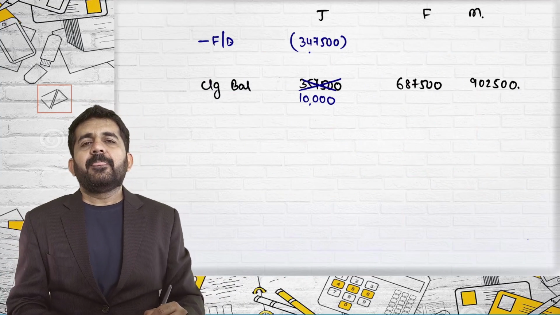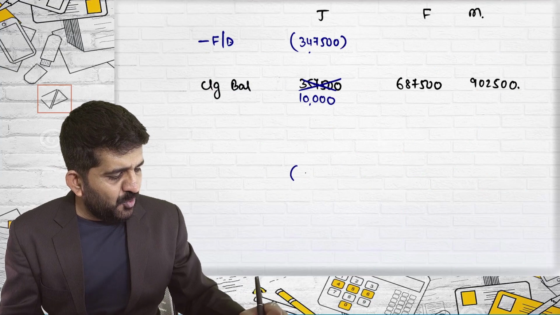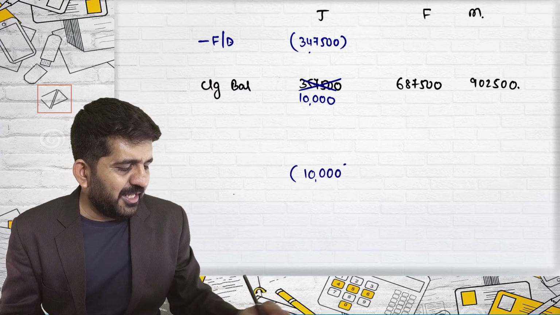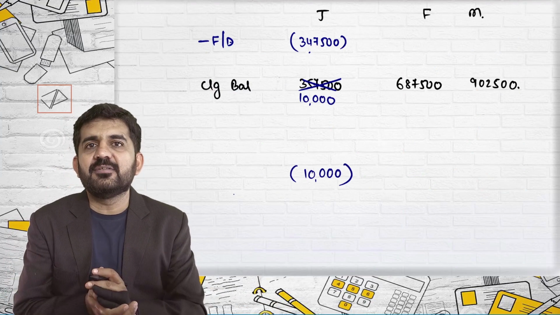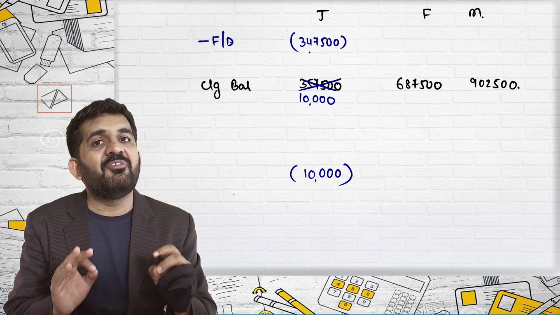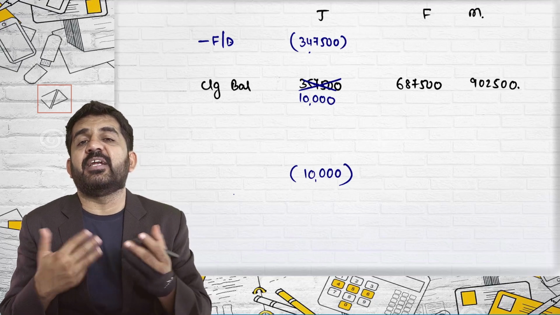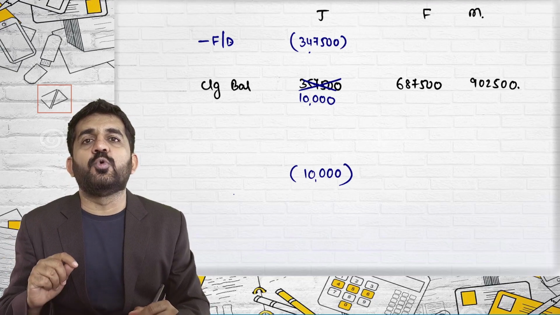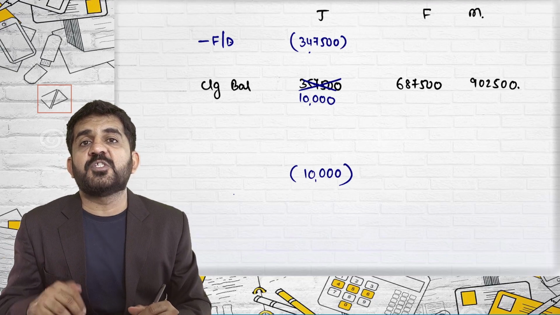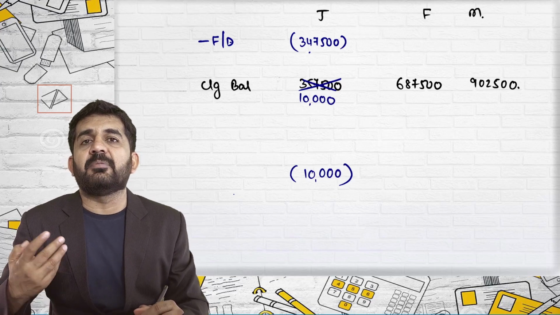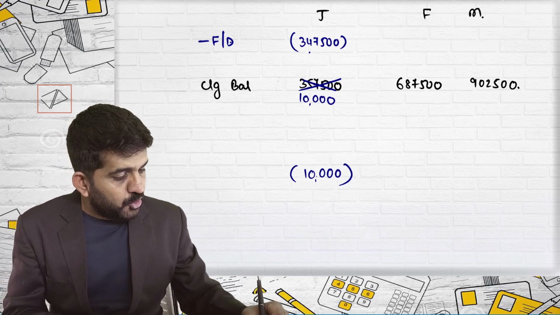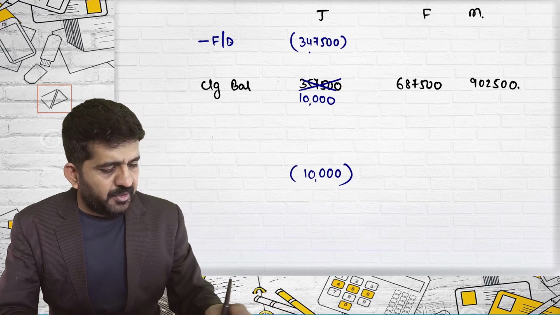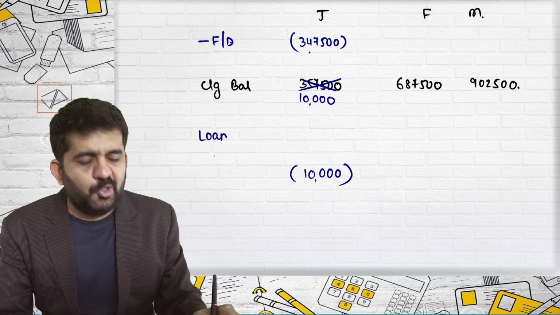Second point. Sir, if the January balance was negative 10,000, then what? Then it will be given in the question what to do if there is a negative cash balance. Normally they will say that you take a loan of such an amount so that your minimum cash balance is 5,000. So if the answer is coming negative 10,000, you will be taking a loan.